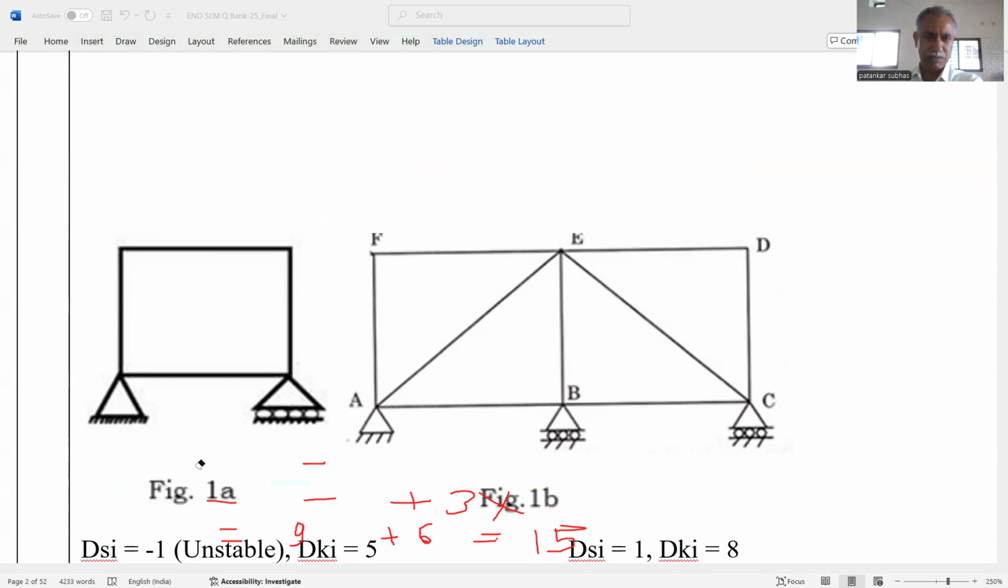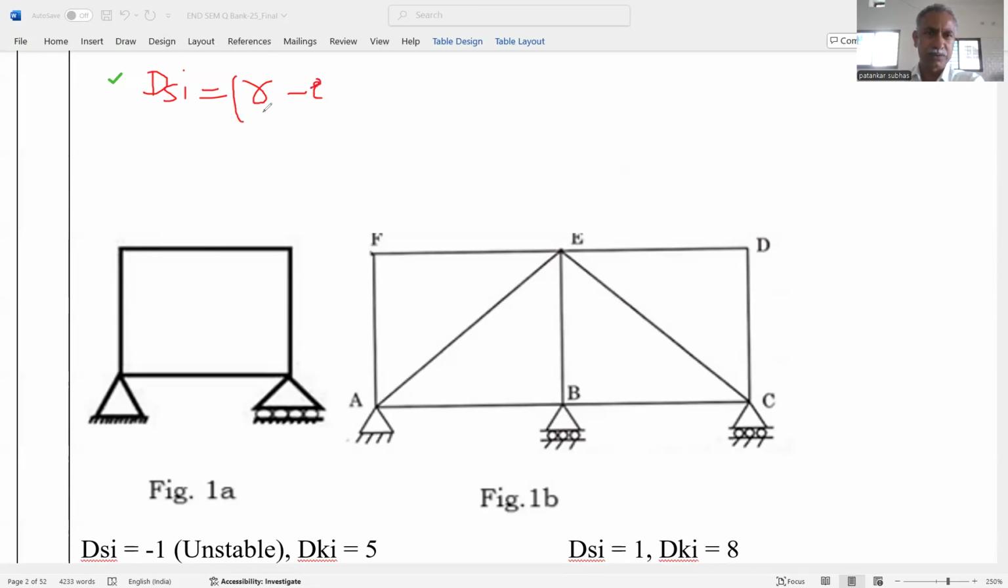So for this truss member, we have considered the equation DSi is equal to DSi external plus DSi internal. So DSi external is equal to R minus E, okay.